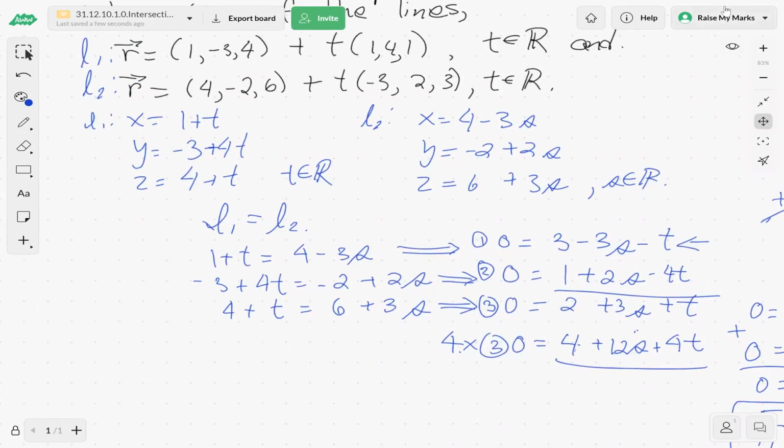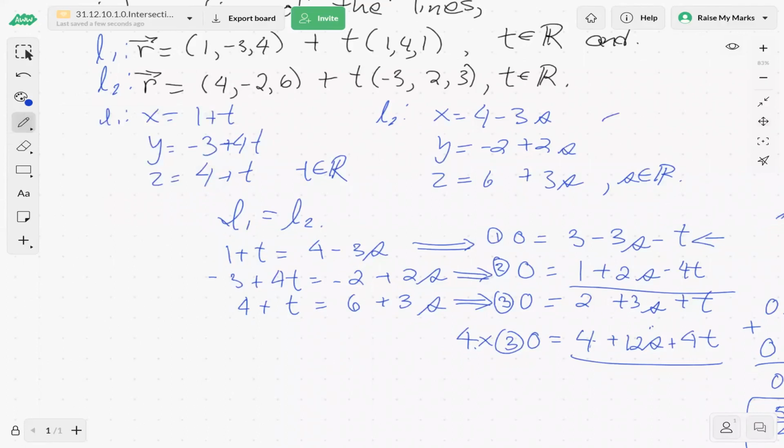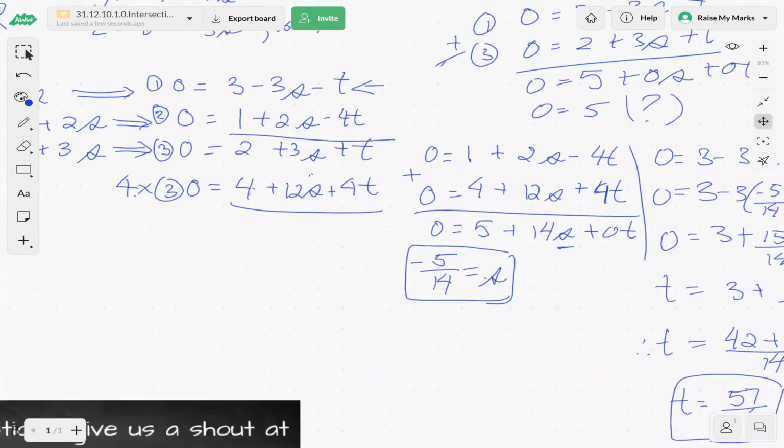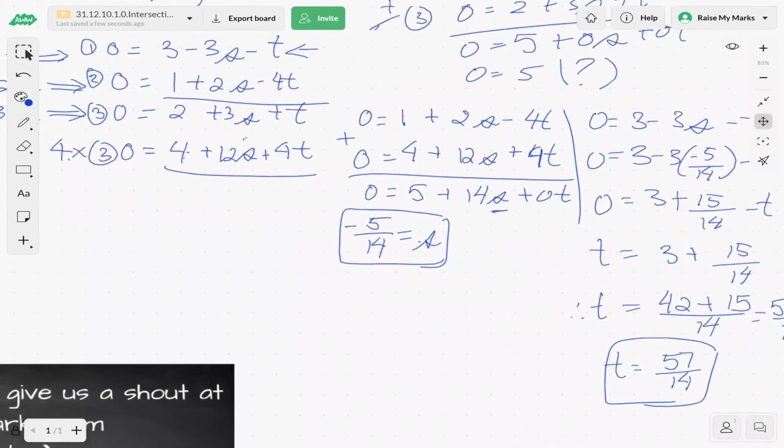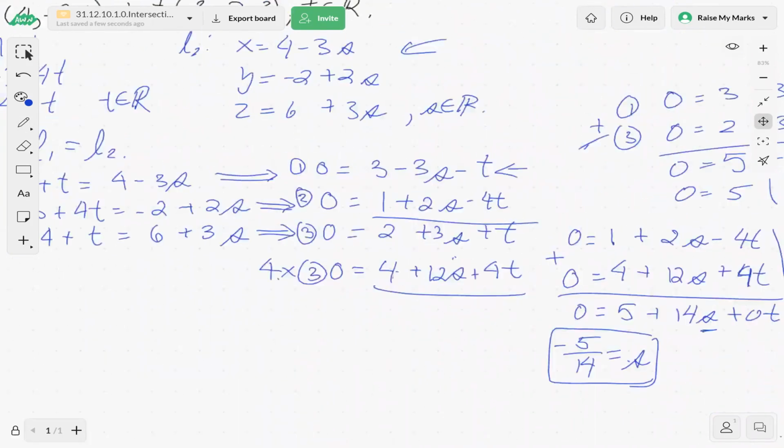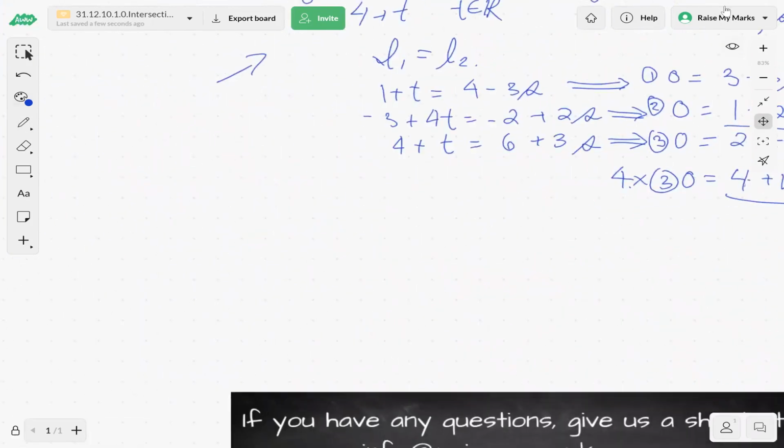Now what we can do is put s in here and t in here and see if we get the same point. If we don't, then we probably don't have a point of intersection. So let's try that. We have s equals negative 5 over 14. Let's do this in a different color, to keep things separate.